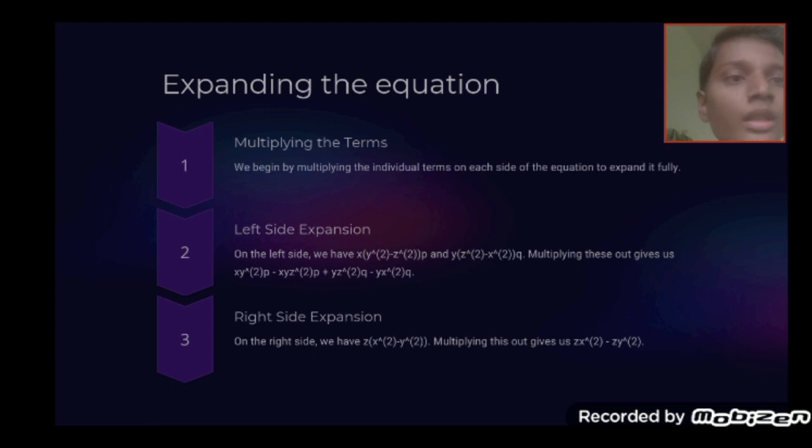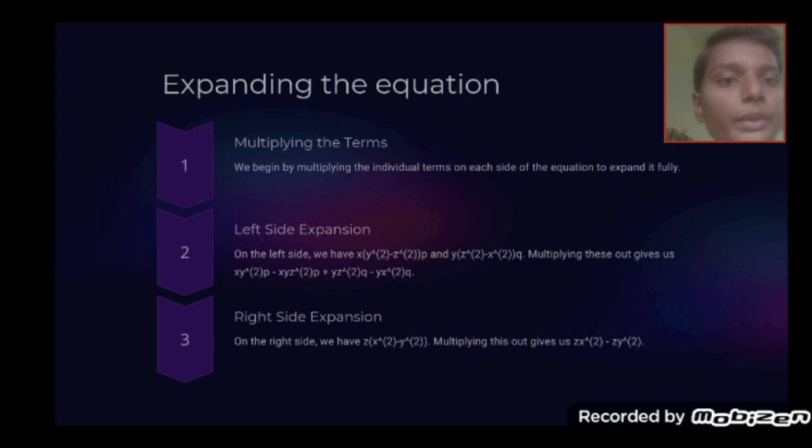Multiplying those would give us xy²p − xz²p plus yz²q − yx²q.